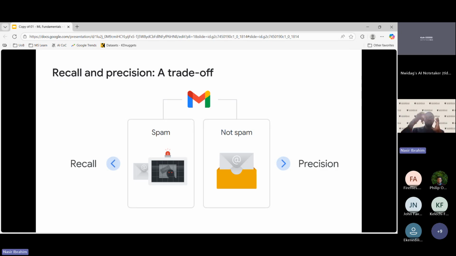In classification, you have categorical labels. In regression, you have numeric output. So you cannot evaluate them in the same way. And it's very important to understand the different ways in which they are evaluated. I'm going to stop here and take any questions that you might have at this point.